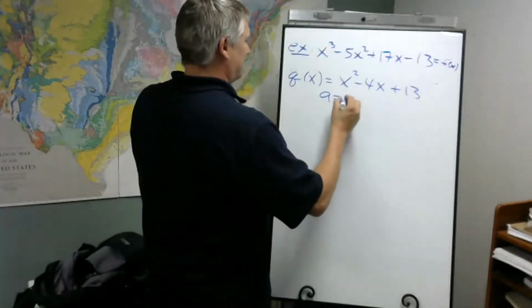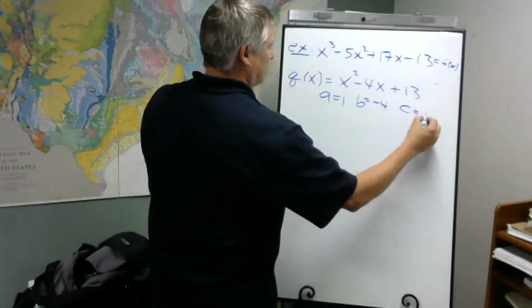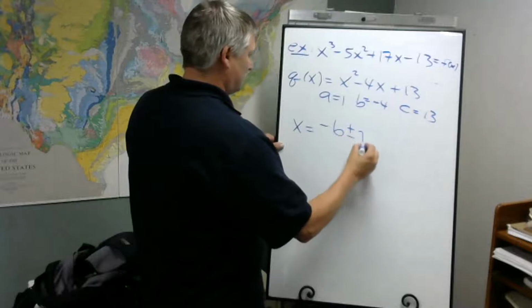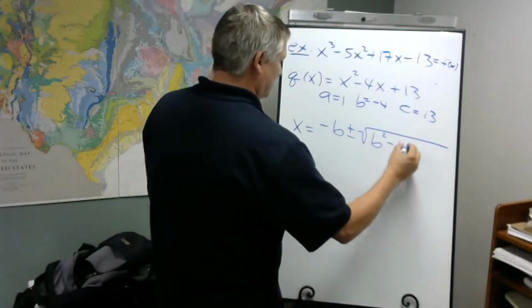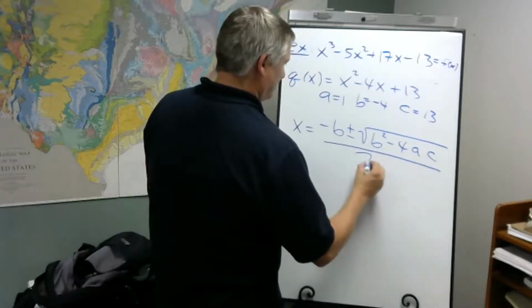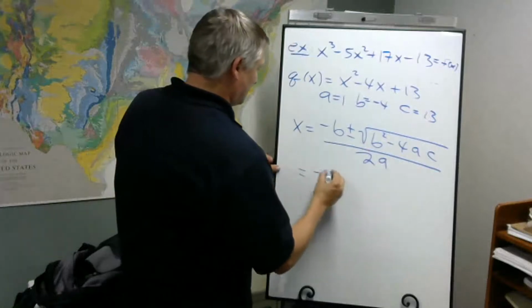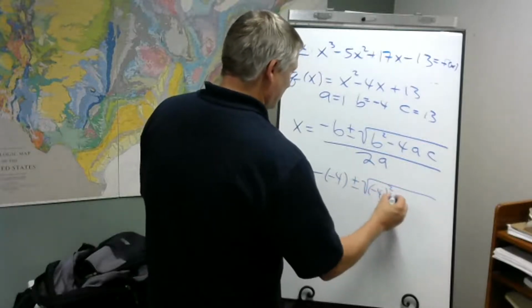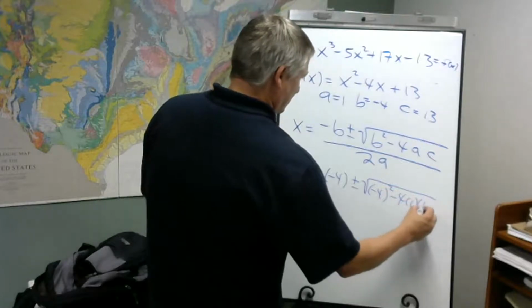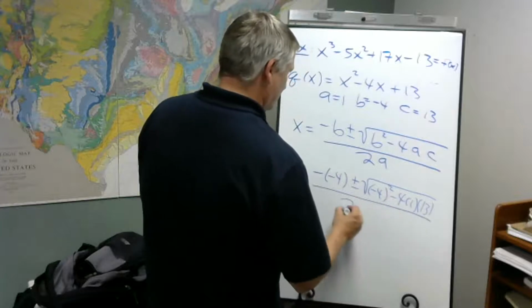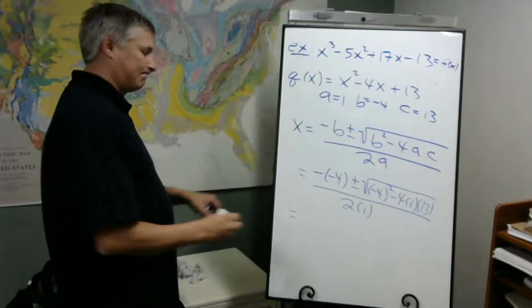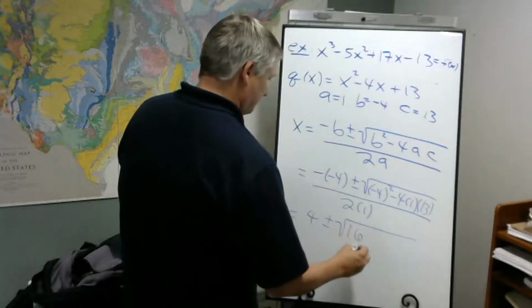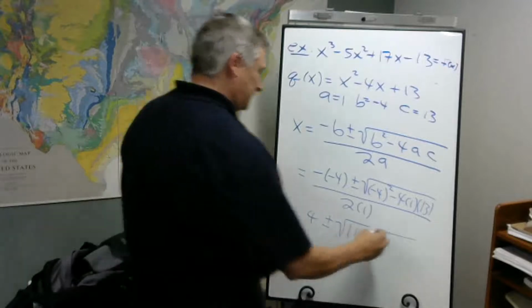So our a is 1, b is negative 4, and c is 13.